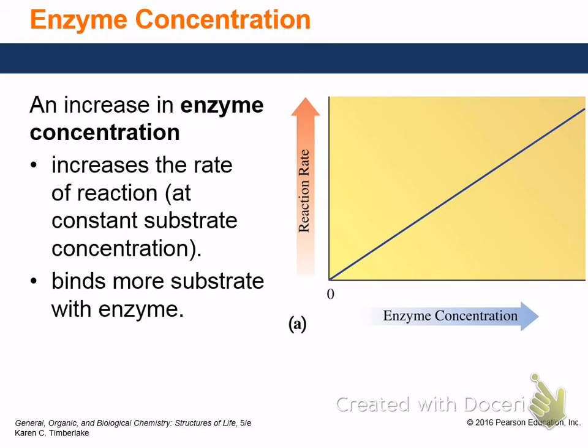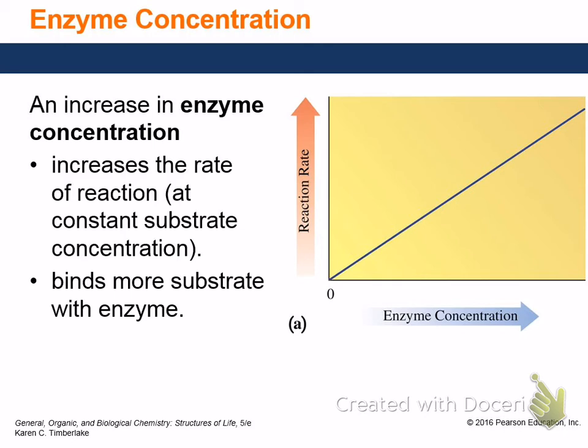Okay, so this is a little bit of a complicated idea. So if you take, this part makes sense. If you take the enzyme concentration and you increase it, okay, the reaction goes faster. Make sense? More enzyme around, reaction gets to go faster.